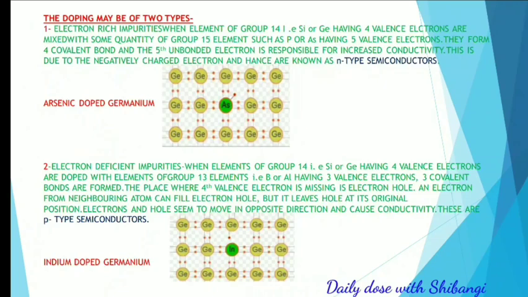The place where the 4th valence electron is missing is an electron hole. An electron from a neighboring atom can fill the electron hole, but it leaves a hole at its original position. Electrons and holes seem to move in opposite directions and cause conductivity. These are the P-type semiconductors. An example is indium-doped germanium, as you can see in the figure.